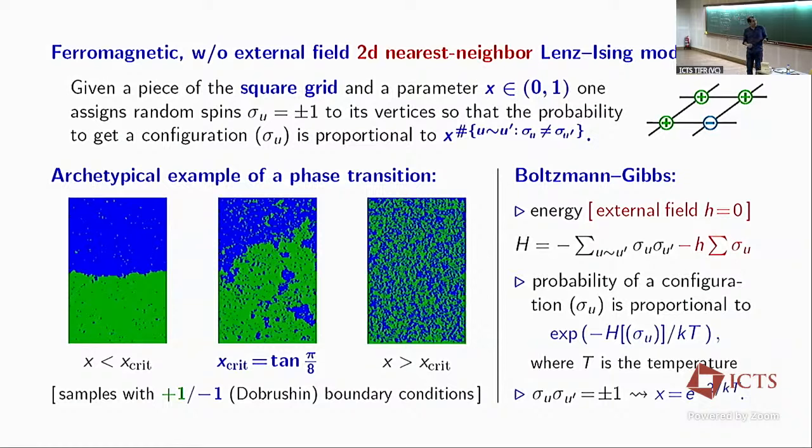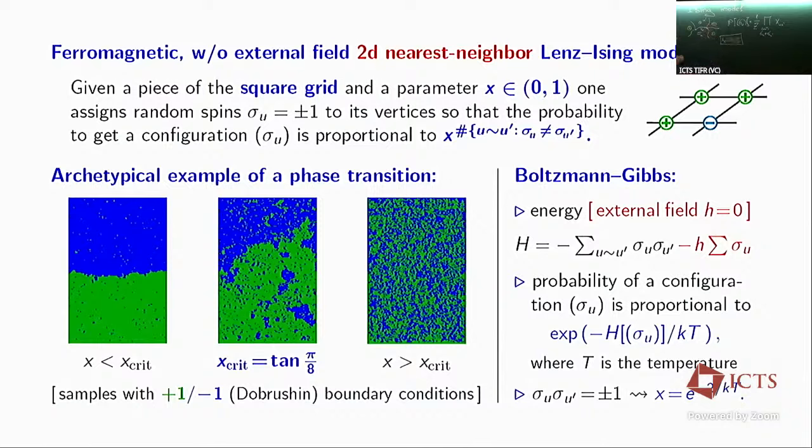If you're above the critical temperature, then what you see is a percolation-like configuration. This is an open question, a big open question, to prove that indeed for any fixed X greater than criticality, you have convergence to percolation. And then exactly at criticality, you have some third regime, which is an interesting regime. And the parameterization of this axis that I'll be using is actually the following.